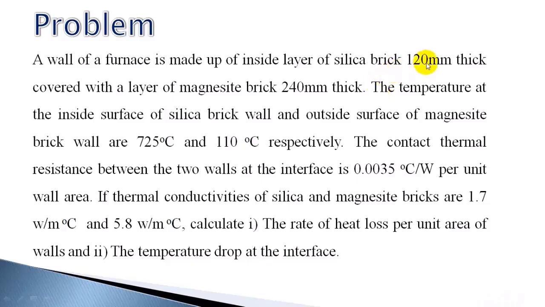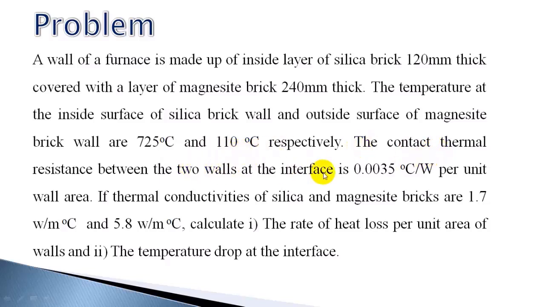So you have two layers. One is silica brick, which is 120 mm thick, and another one is magnesite brick, 240 mm thick. Now the inside surface of the silica brick is 725 degrees centigrade and the outside surface of the magnesite brick is 110 degrees centigrade.